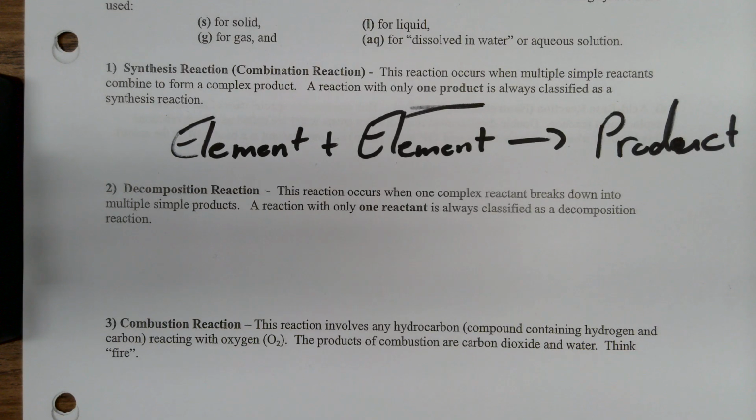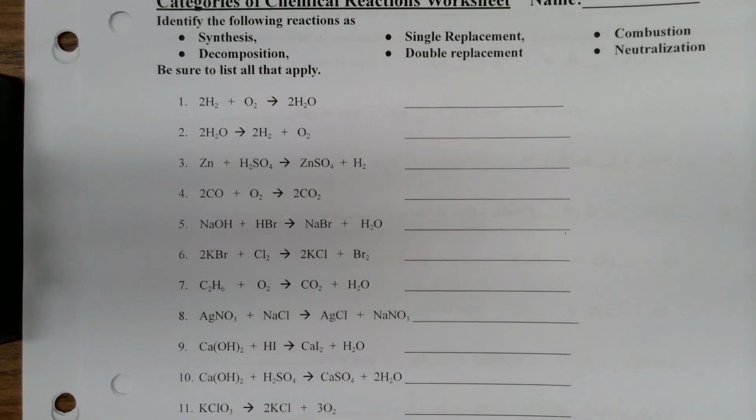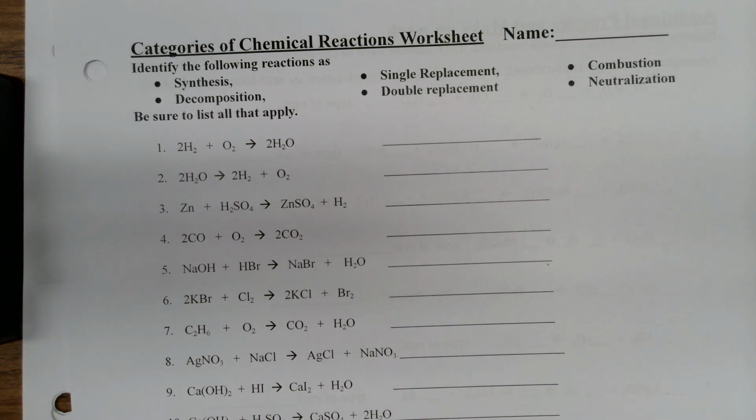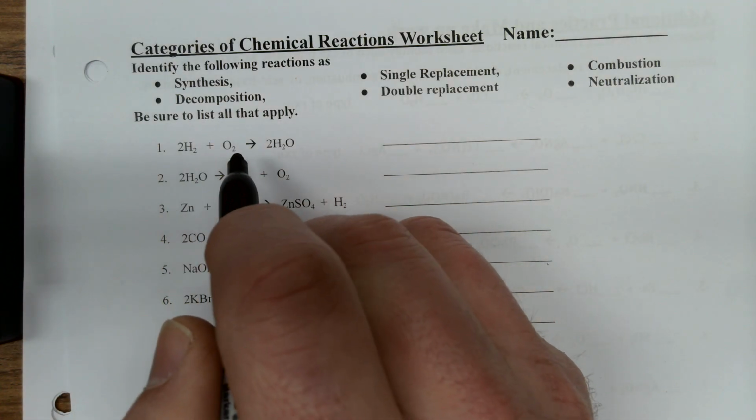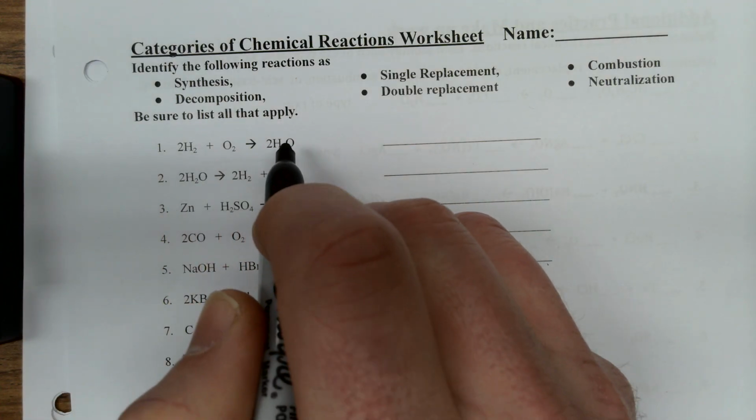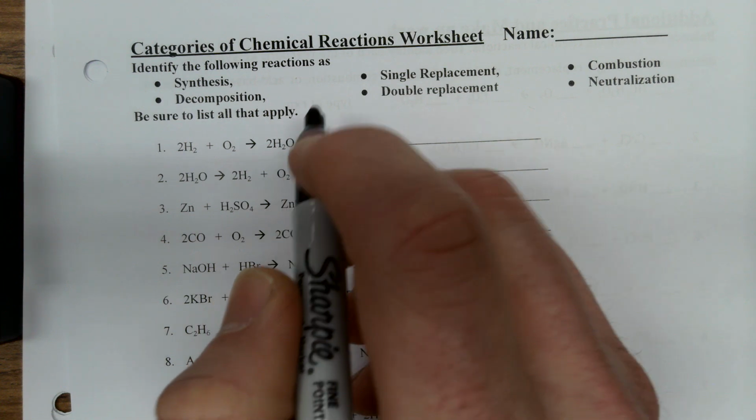Now, if I look to my homework, I want you to have this other sheet handy and available to you. If I look at my homework real fast, and I look at number 1. Number 1, I see one element will react with another element to form one product.